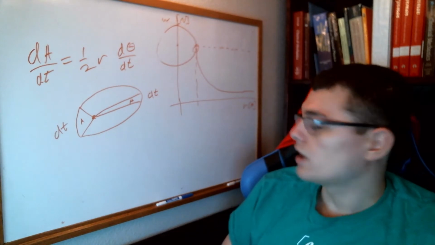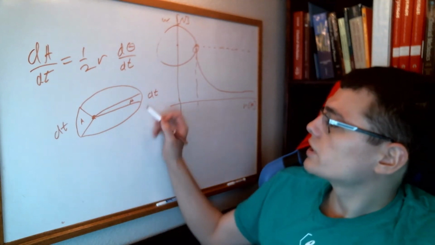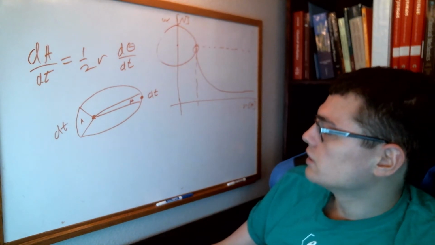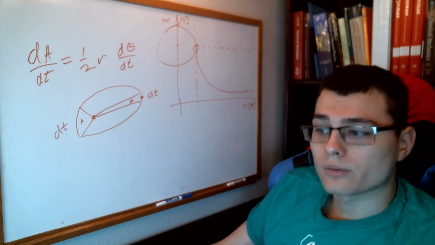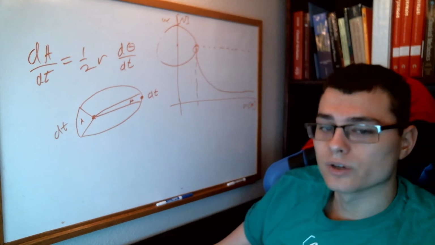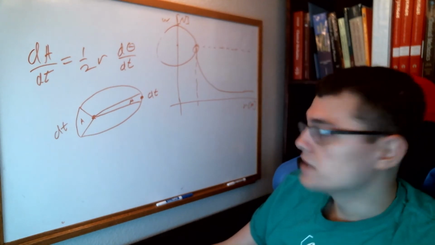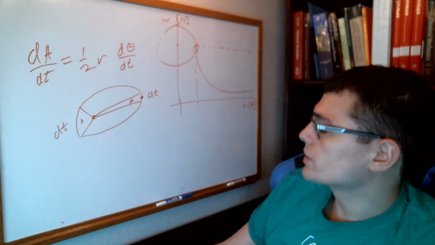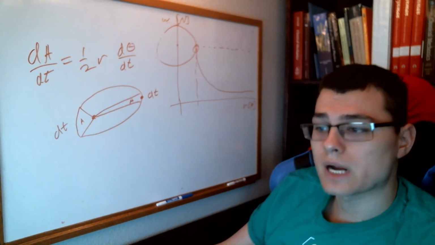When an object comes out here to this part of the orbit, it's going to slow down, and it's not going to cover as much arc length as it would over a certain period of time, even though it's still in orbit.